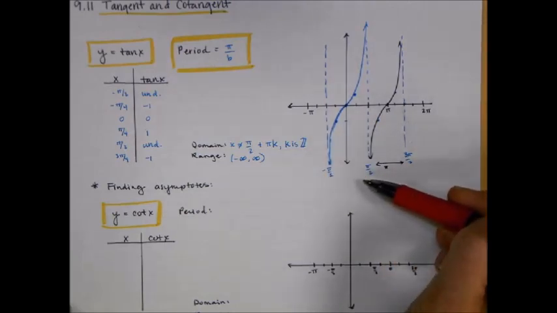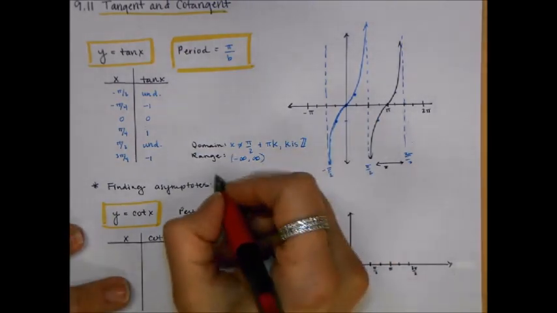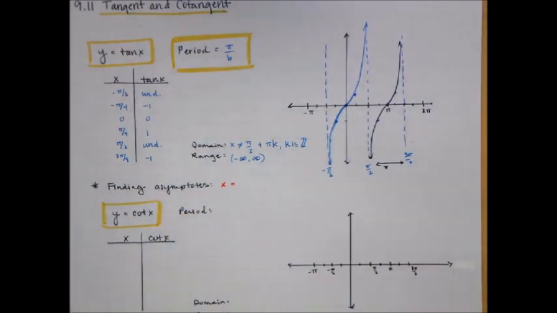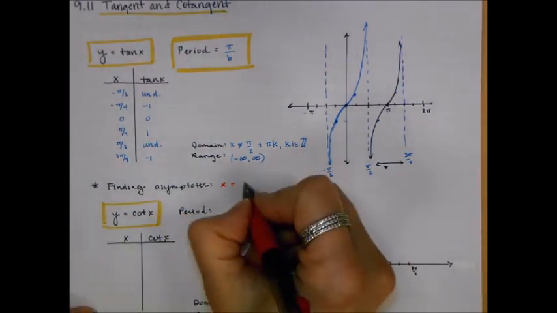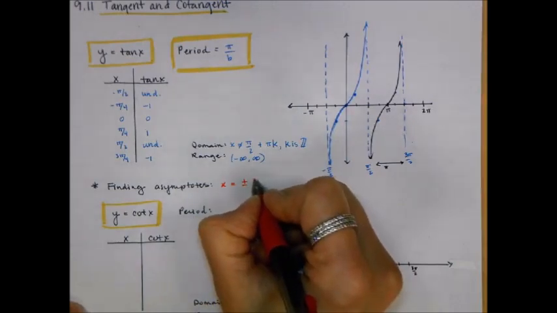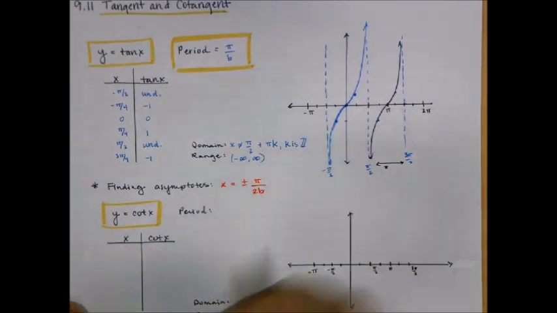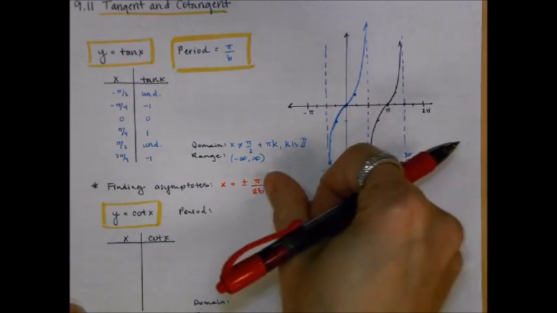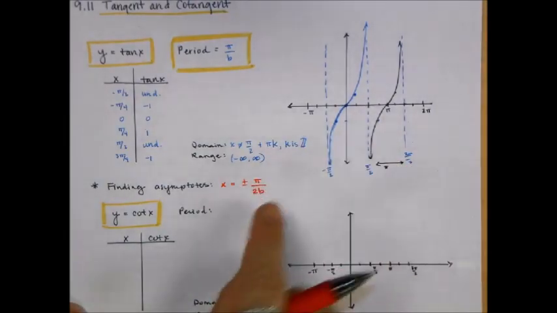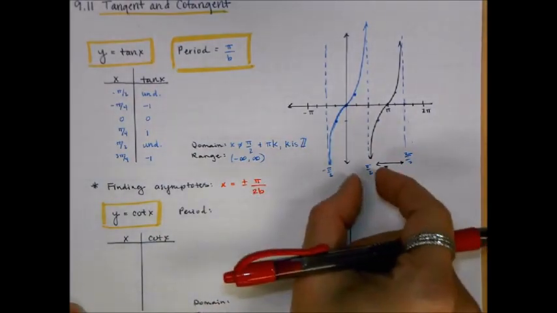So it's really that the asymptotes will be at x equals plus and minus pi over 2b. So it looks like the period pi over b, and we've just cut it in half since it's half on the right and half on the left.